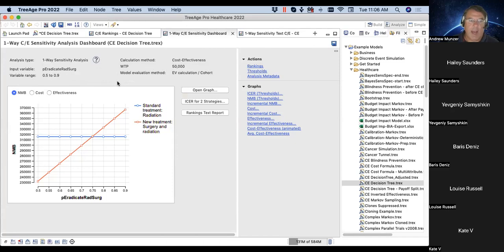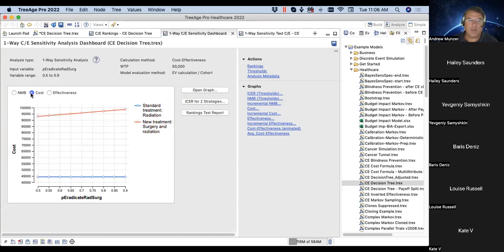And then graphically down here, we said, okay, well, what really happened when we changed this parameter from 0.5 to 0.9? Well, from a net benefits perspective, you see that treatment 2 went from less cost effective to more cost effective. So you immediately know there was a threshold at some point where we change from one strategy to the next being more cost effective. Sometimes it's easier to understand the difference on cost.